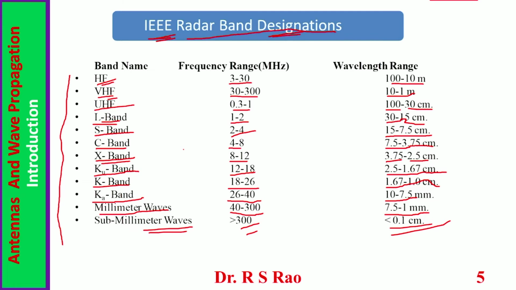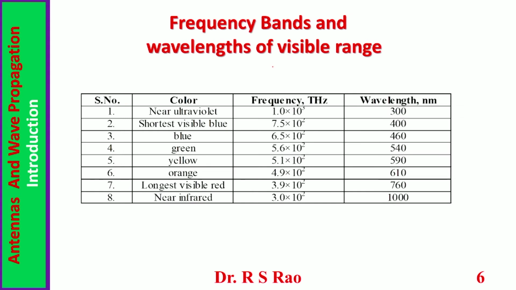The naming is done in a haphazard, unpredictable manner, and there is no other reason or importance for the labeling in that manner. Here are given frequency bands and wavelengths of the visible range. Visible range refers to frequencies that are sensible to the human eye.